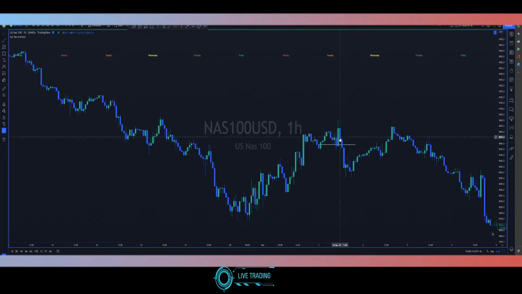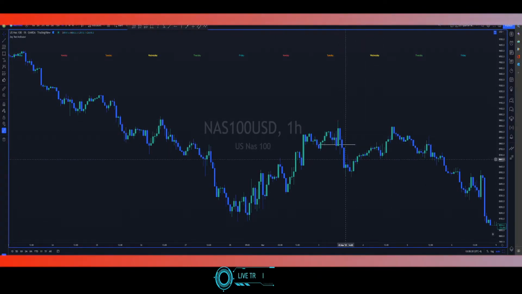This really big green candle here indicates to me that a lot of things happened in there. A lot of smart money was in this trade right here, and this is the last up candle before the down move. So I'm drawing that out in time, just seeing how price reacts to it.